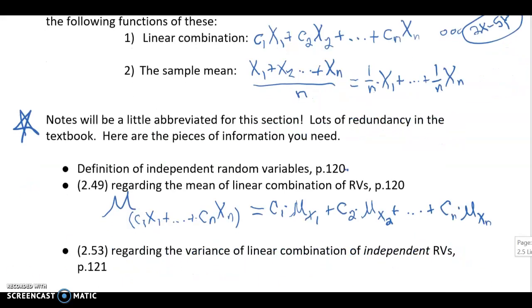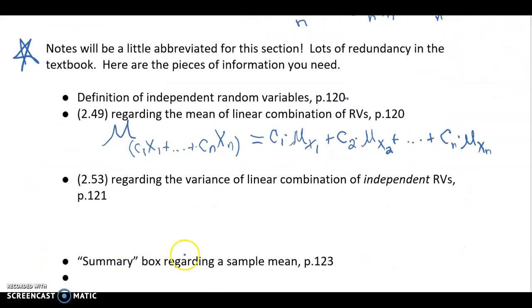The tricky one is when you're doing the variance of a linear combination of independent random variables. It's going to look similar: the variance of, and this is all subscript, the same linear combination.